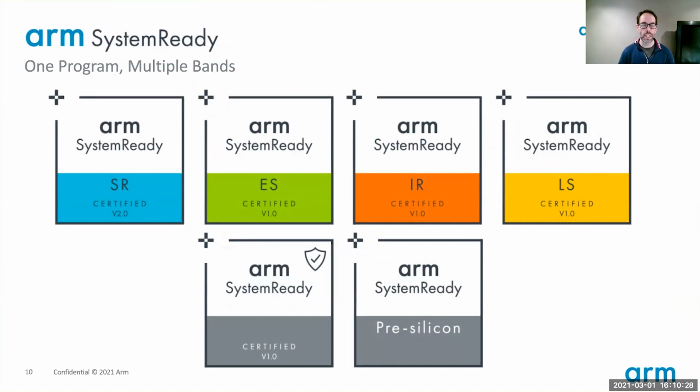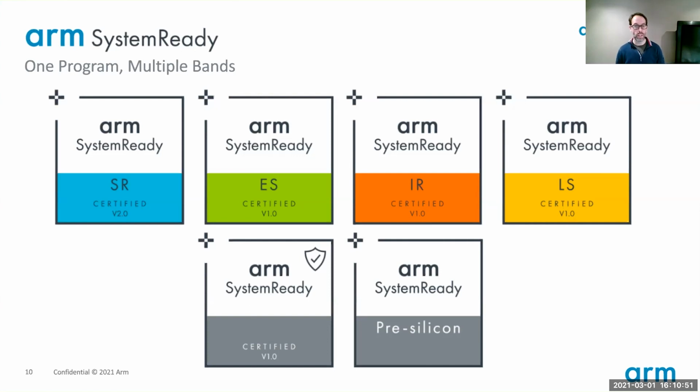ES can be considered ServerReady light, but it enables the use of shrink-wrapped operating systems on devices that wouldn't be able to do full SR compliance. It's still UEFI, it's still device tree, if you would care about that, if those are the OSs that you wanted to run.